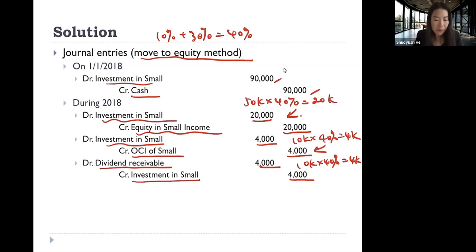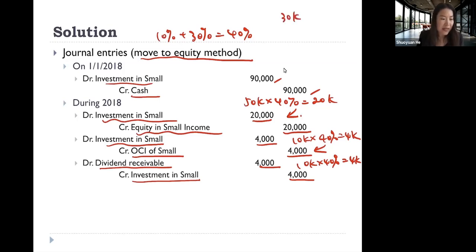And then let's look at the last journal entry here, which is to record the amortization of the excess payment. As you can see here, the excess payment can be identified to a patent which is undervalued by 30,000.